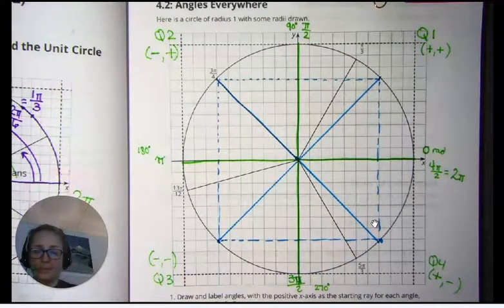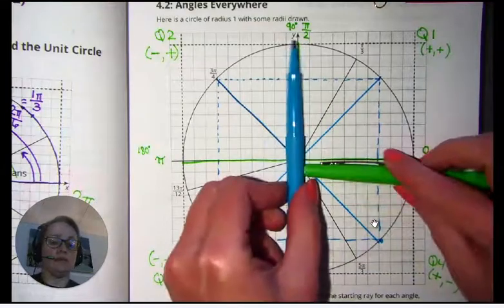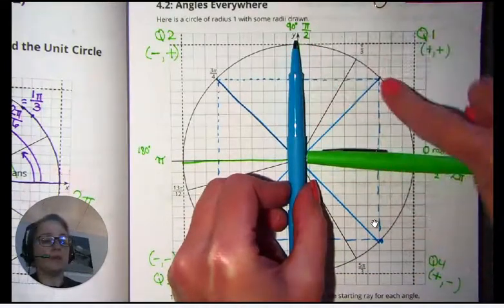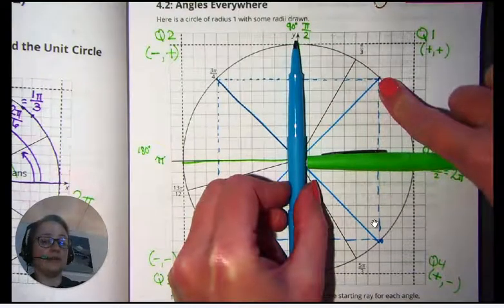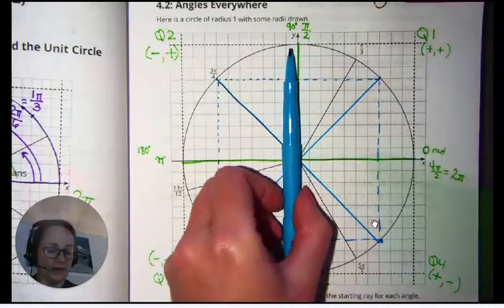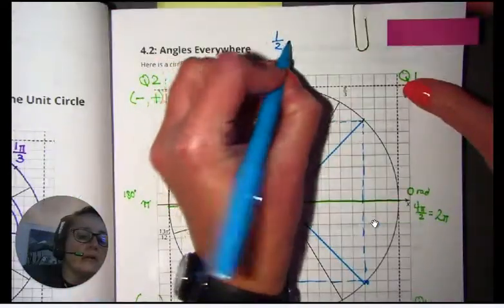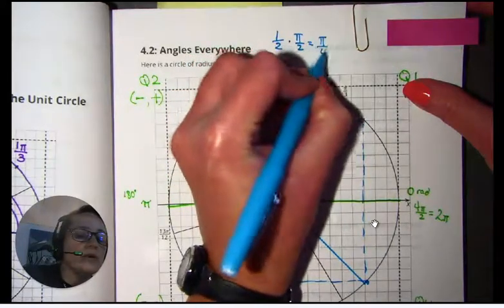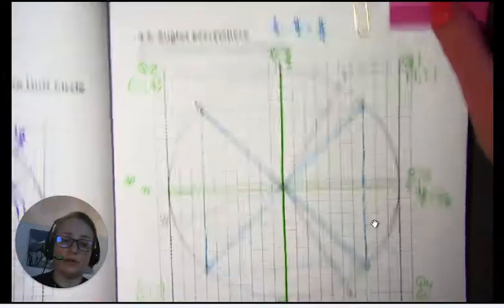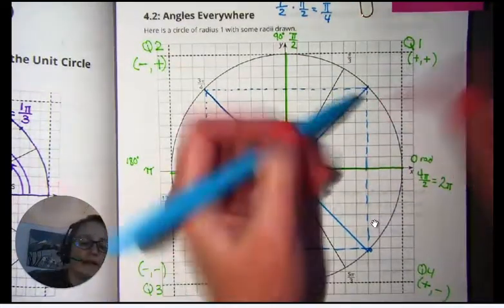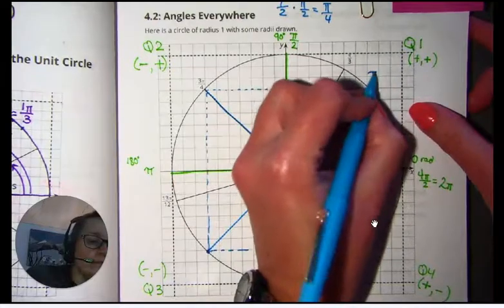Well, if from here to here was pi over 2, and our point that we just marked here is exactly halfway in between that, we need half of pi over 2. And half of pi over 2 is pi over 4. It's a fourth of pi. So we're going to label this as pi over 4.